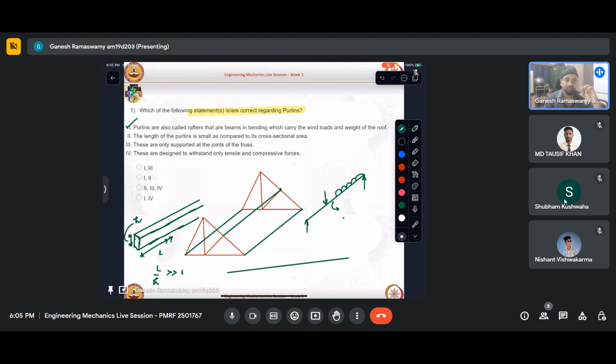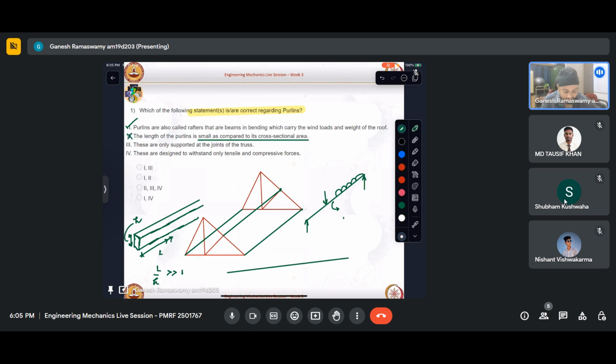Essentially, the cross section has very small dimensions as compared to the length of the member. So these are slender members, and this is how beams behave. So the statement that the length of the purlin is small as compared to the cross-sectional area is not correct. These are actually slender members.